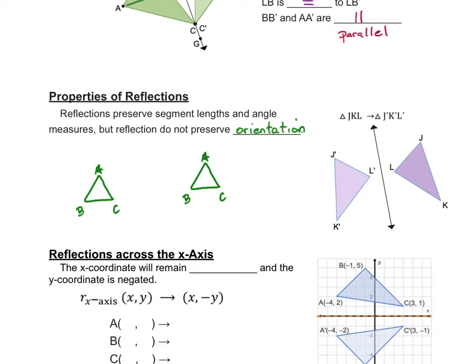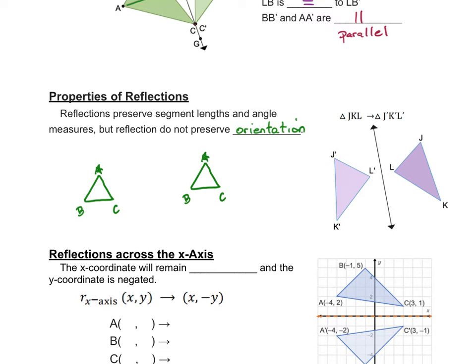So the shape didn't turn yet, versus here, the orientation changed. As it reflects and spins around, you can see that the orientation of point A of my triangle has changed.